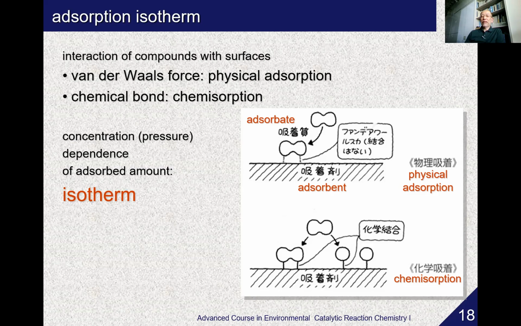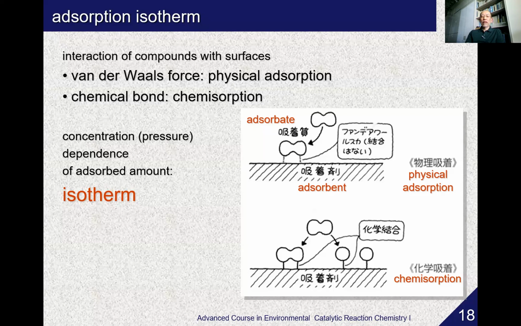So we need to think how much adsorbate is adsorbed on the surface under the given conditions. So to measure this dependence, that is, the dependence of adsorbed amount on concentration or pressure of adsorbate, is called isotherm.